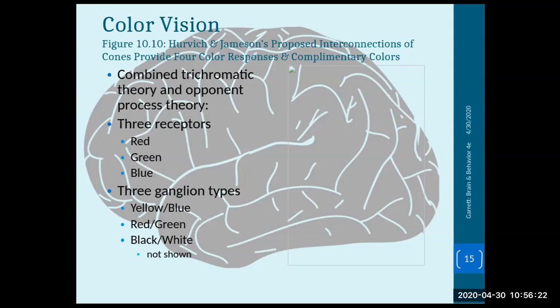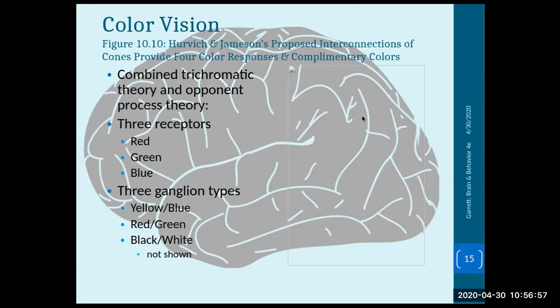For color vision, how we can account for all of the different spectrum of colors that we can perceive, including the color yellow, seems to be combining the theories of the 3 cones, trichromatic theory, and how they project onto the ganglion cells, which use those opponent process theories. So again, just like the auditory system, in the visual system the best way to account for wavelengths and hue and color is the combination of both theories.